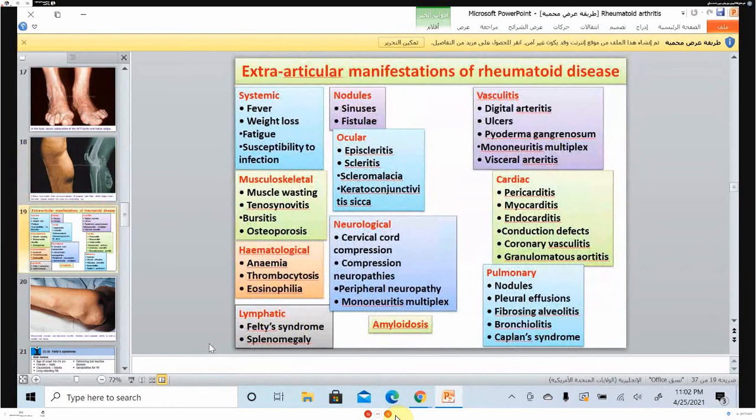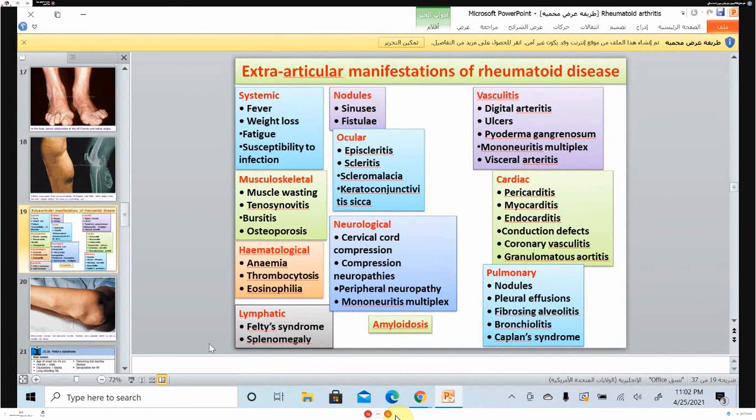In addition to the joint involvement, we have what's called the extraarticular manifestations of rheumatoid arthritis. Among them are systemic ones: the patient may have fever, weight loss, fatigue and susceptibility to infection.